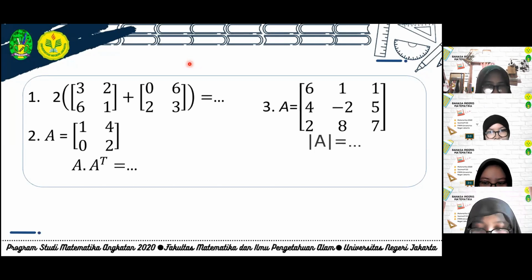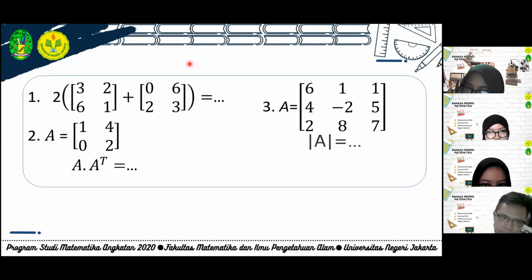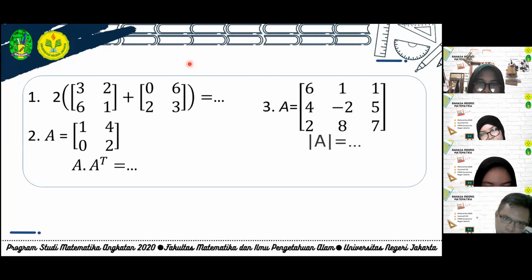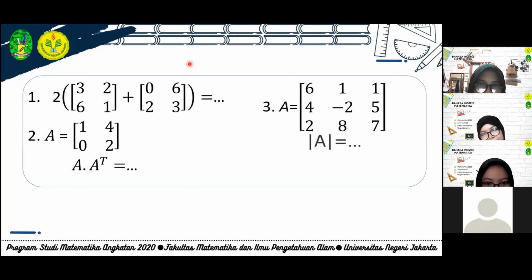The answer for the first row is 17 and 8, and the second row is 8 and 4. Yes, your answer is correct. Can I try number 3? Yes, please. The answer is minus 306. Yes, the answer is correct. Okay, thank you.